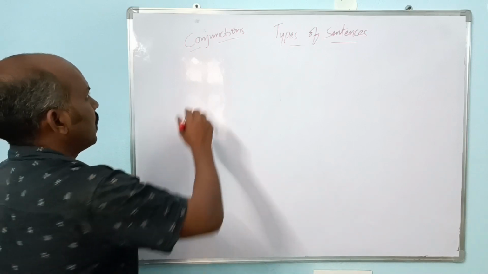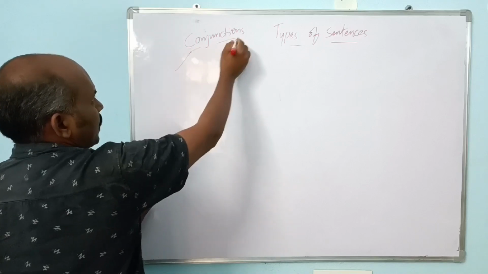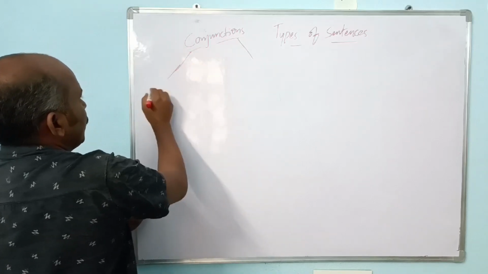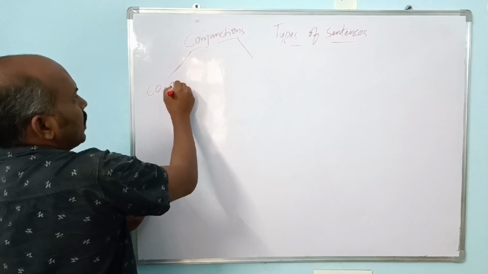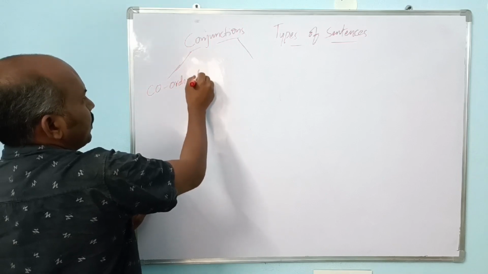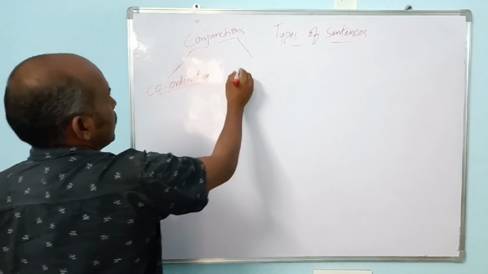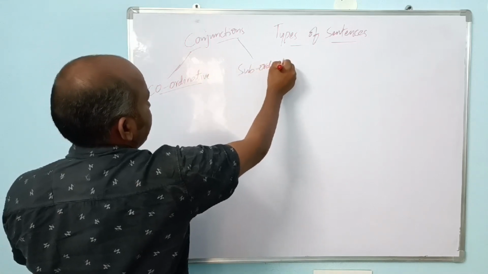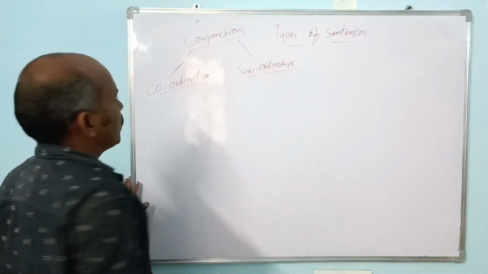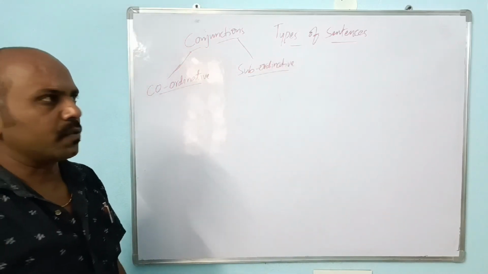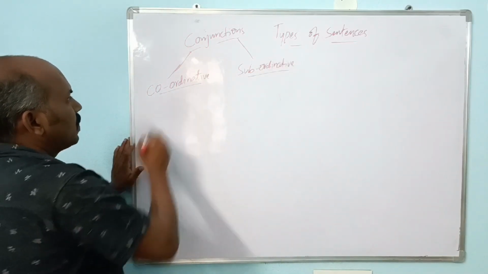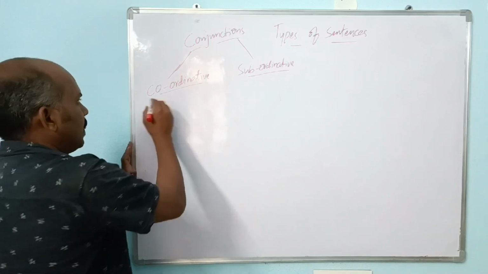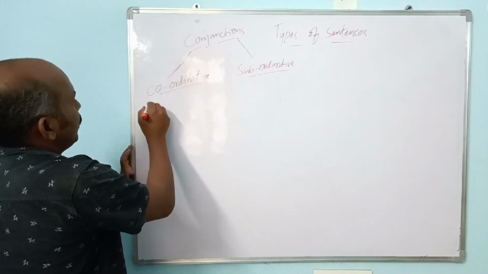Conjunctions are divided into two types: coordinative and subordinative. Coordinative conjunctions are simplified into a word, FANBOYS.